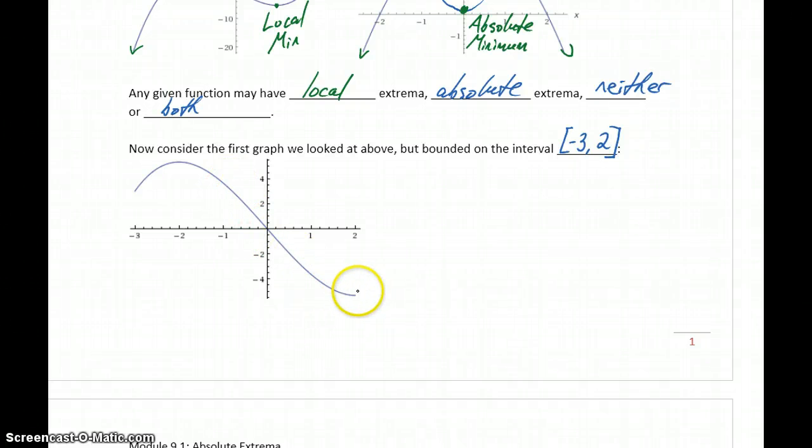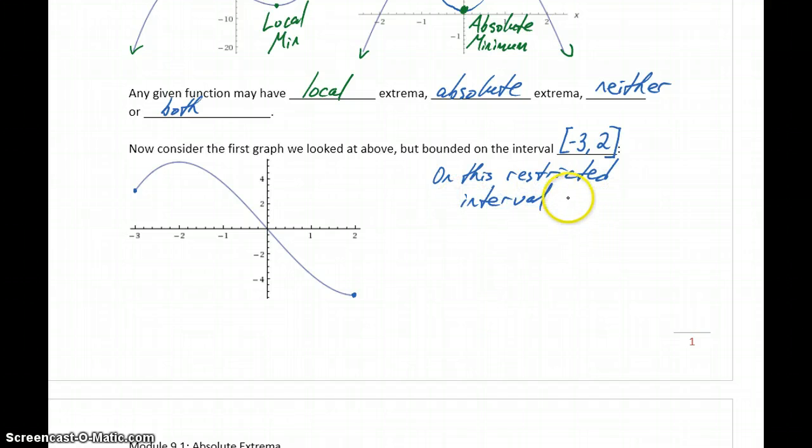So it's the same curve we looked at before, except now our function is ending at each end of that curve. We're not considering this continuing on to infinity anymore. So on this restricted interval, we can now find absolute extrema.